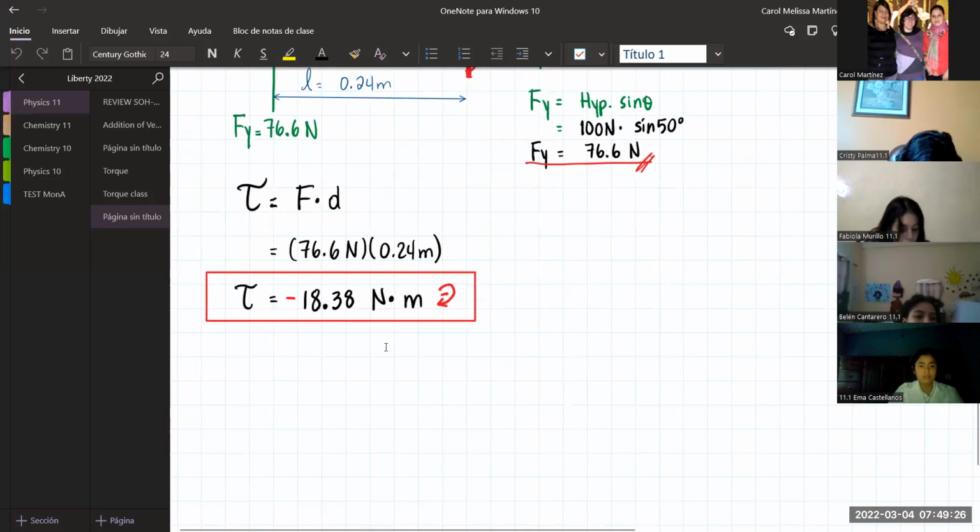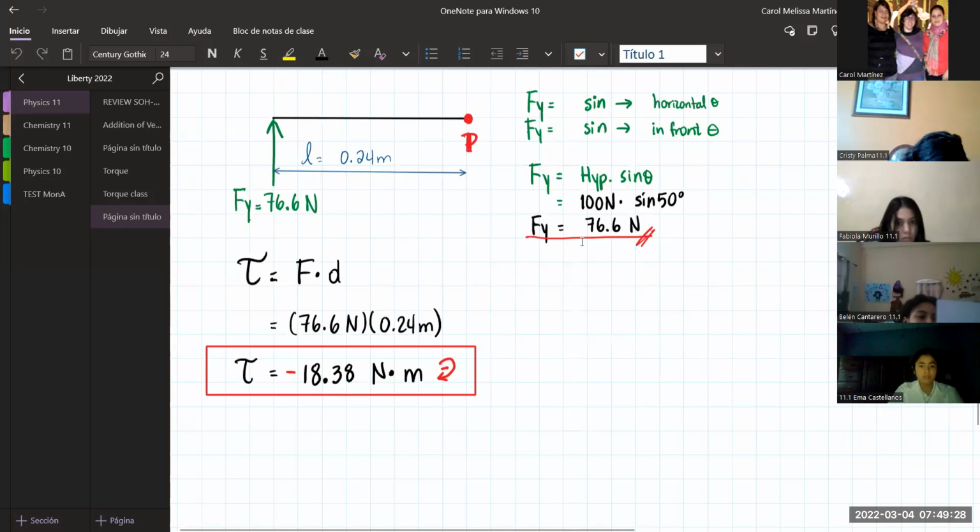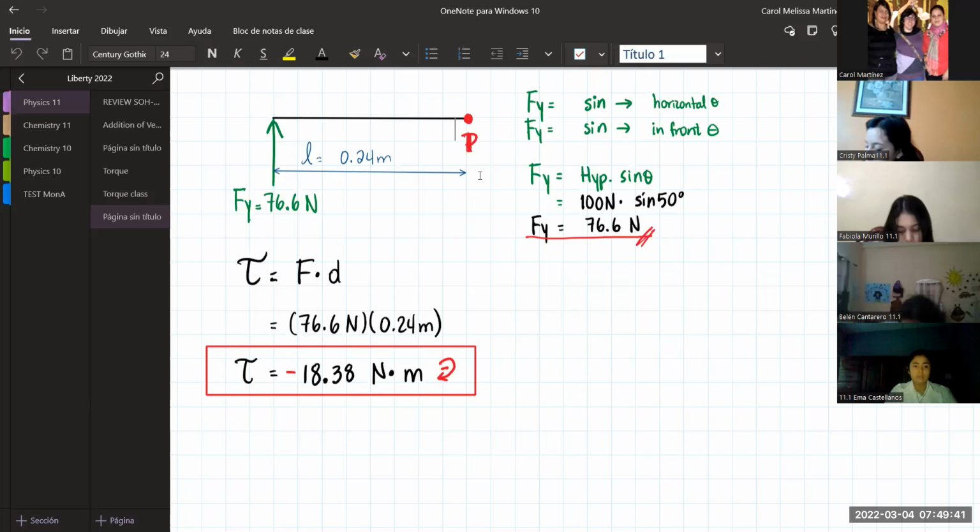No, it doesn't work like that. The direction of the force helps us understand more or less how the object will rotate, but the type of rotation is clockwise or counterclockwise. If it's clockwise, it's negative. If it's counterclockwise, it's positive.